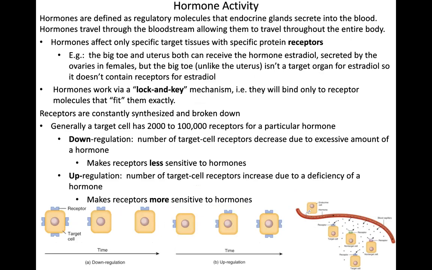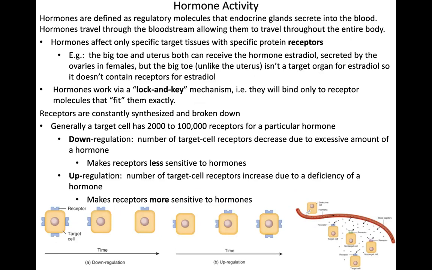Okay, what we're going to be talking about for, I would say, the majority of this lecture is just hormones. So just introducing hormones a little bit more to you here. Let's talk about the definition of hormones and how they work to lead us through the next several slides.